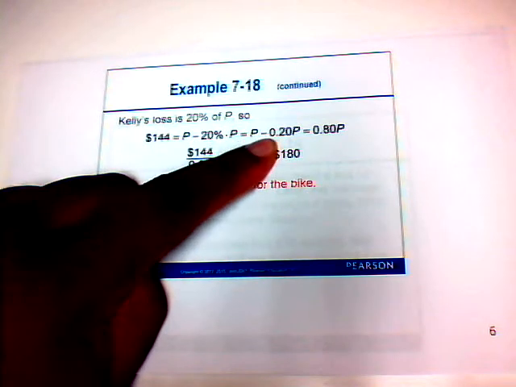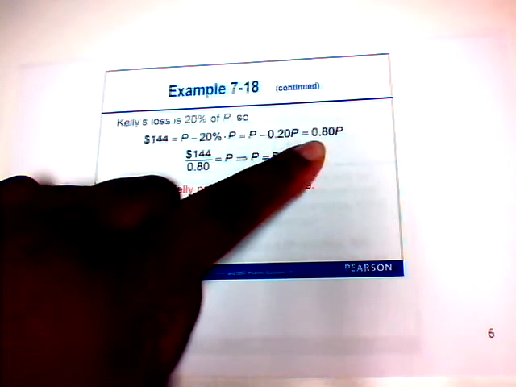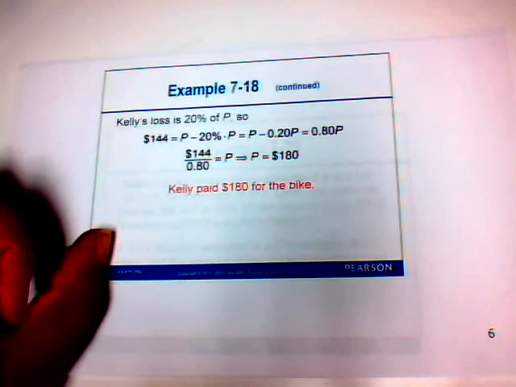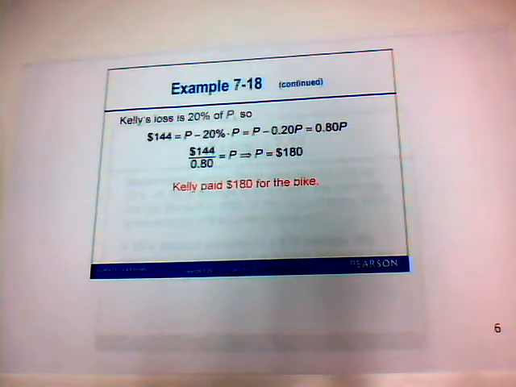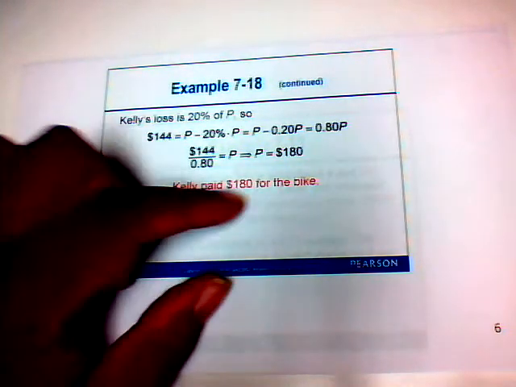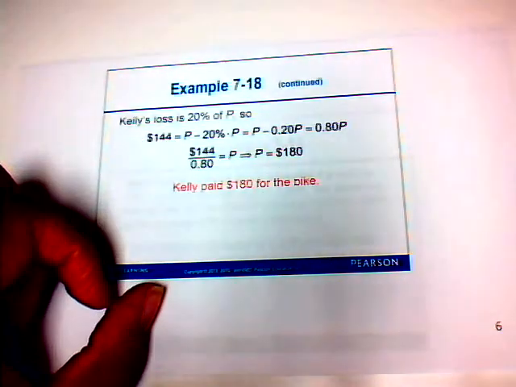And 1P minus 0.20P is going to be 0.80P. Okay? So if her loss was 20%, that means that she only sold the bike at 80% of whatever the original price is. So that's where the 0.80P comes from.